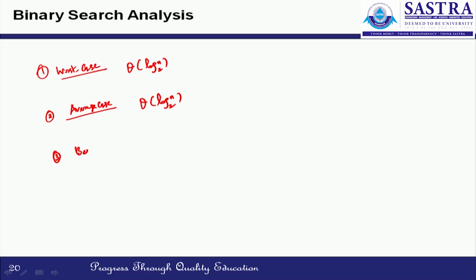In the best case, the searching element is available at the mid location in the array. So, after finding the mid in the first computational check, if x is equal to a of mid, the condition results in true, so the statement executed is return mid. Clearly, the searching element is available at the mid location, so it requires only one comparison.